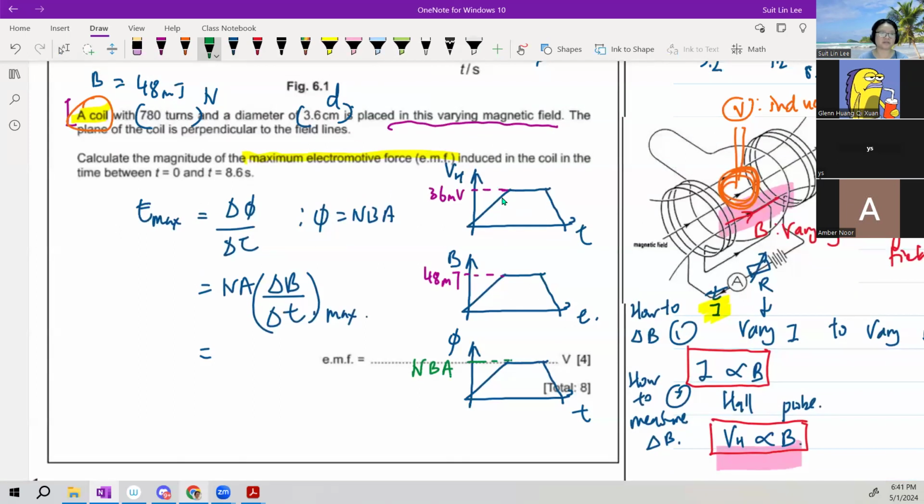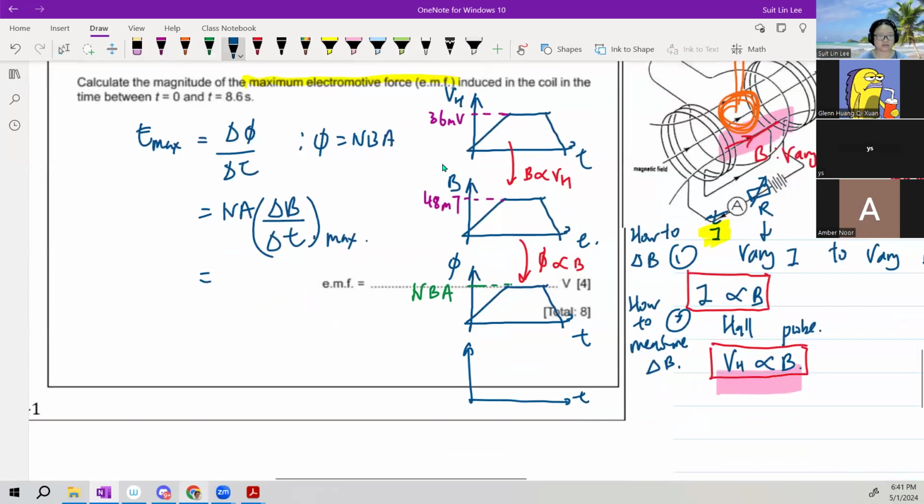But all this graph is the same because from here to here, B is proportional to VH. From here to here, flux is proportional to B, which makes flux proportional to VH also. And finally, you get the thing that you want, which is the induced EMF, E against T. But obviously, they are not proportional because it is the rate of change.